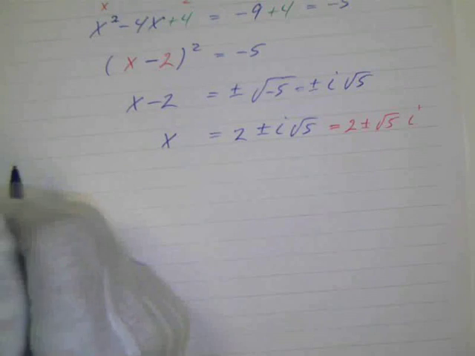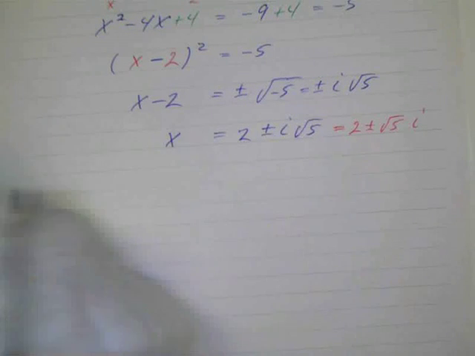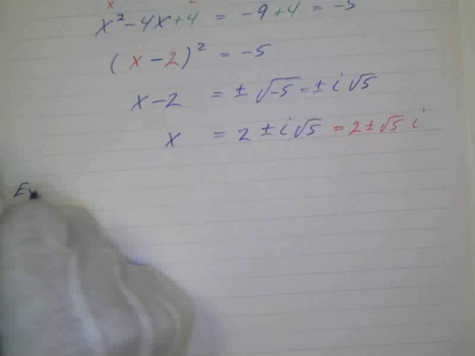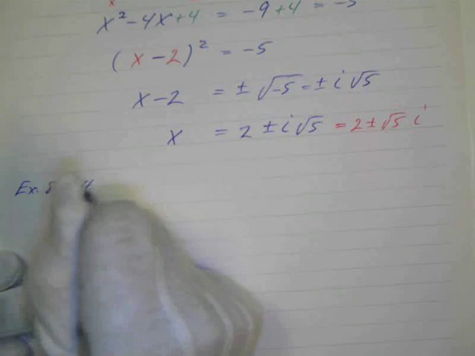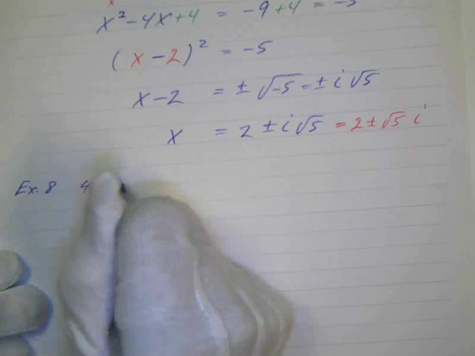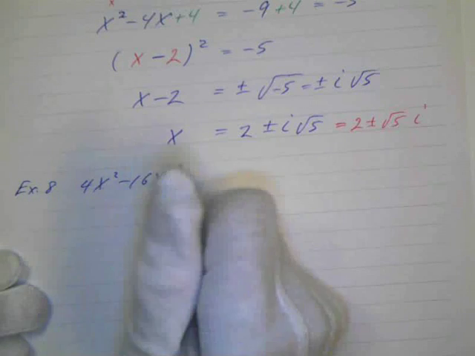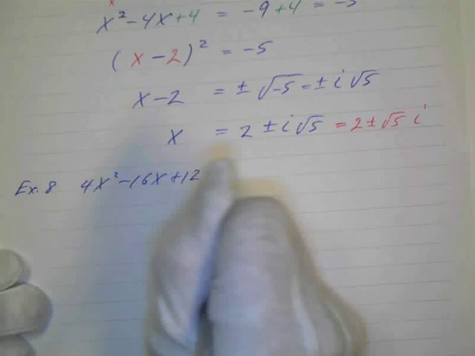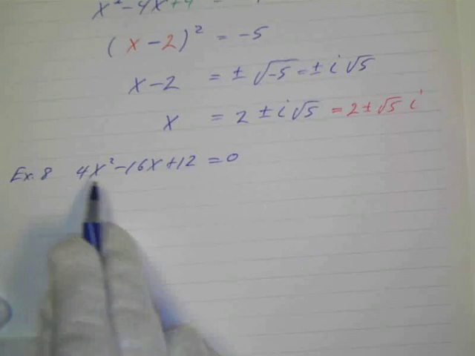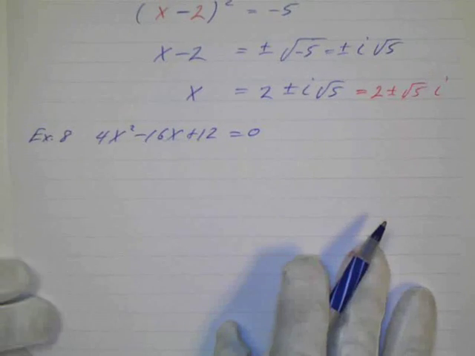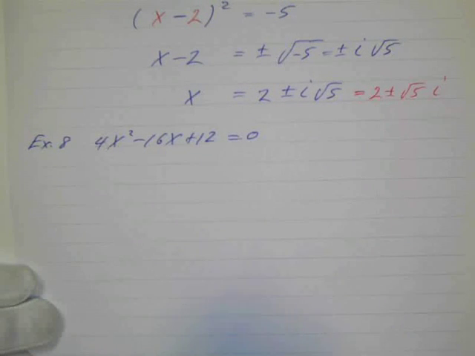How about example 8? 4x squared minus 16x plus 12 equals 0. So again, we want to get 1x squared, and it's easy to do because all 3 terms are divisible by 4, so I'll divide everything by 4.